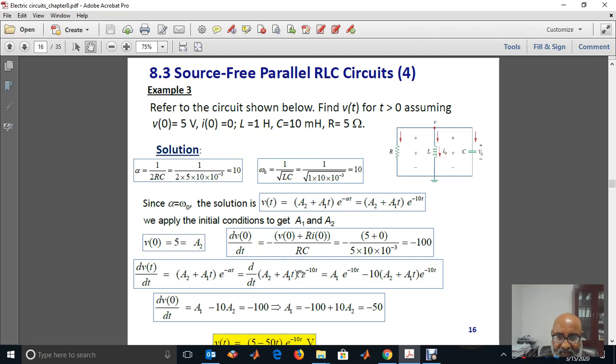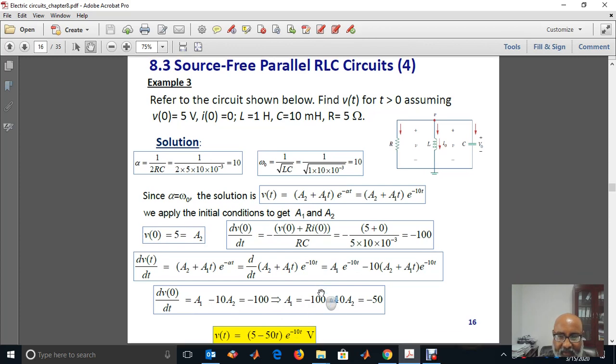So the derivative of the first function, A2 plus A1 t, is A1, times e to the power of minus 10t, which is the second function, plus the derivative of the second, minus 10 e to the power of minus 10t, times (A2 plus A1 t). Then evaluating at t equal to 0, it will be A1 minus 10 A2, and we have the initial condition minus 100. We substitute, and in this way we find the value of A2 and the value of A1. So we substitute in the equation, and finally we get the voltage V of t given by this.